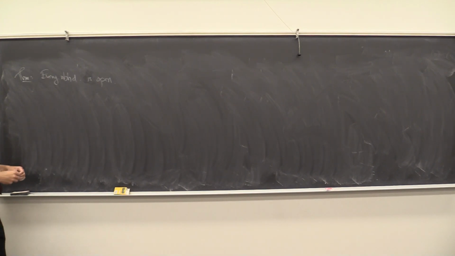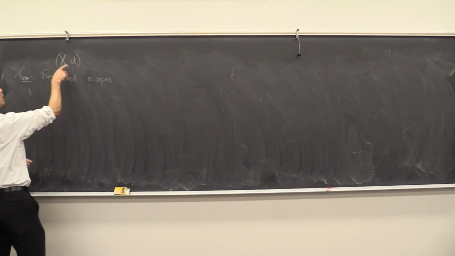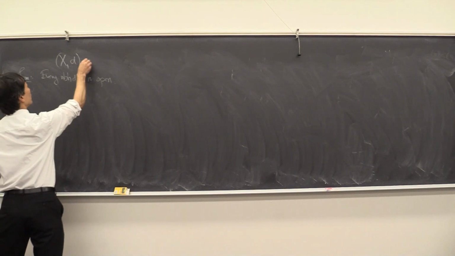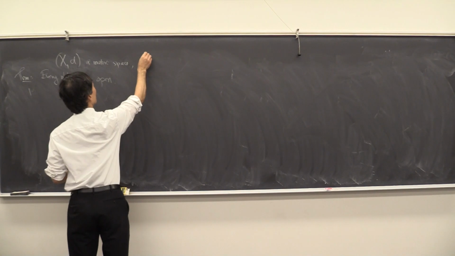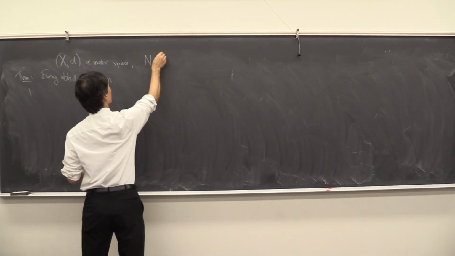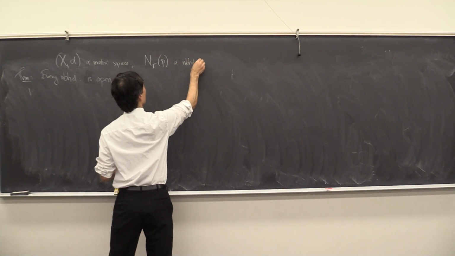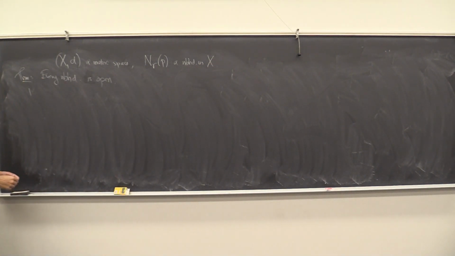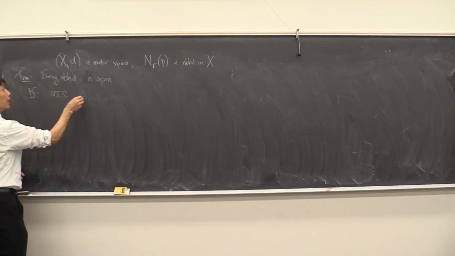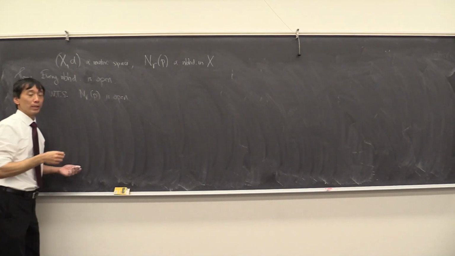Our setting is that we have some metric space X, and we have some neighborhood in X, and we want to show that it's open. Let's translate.